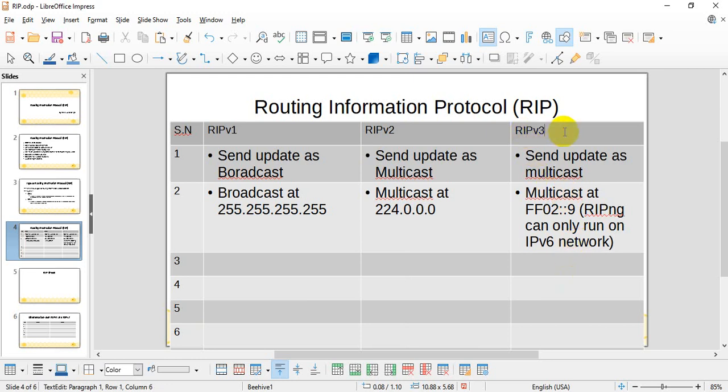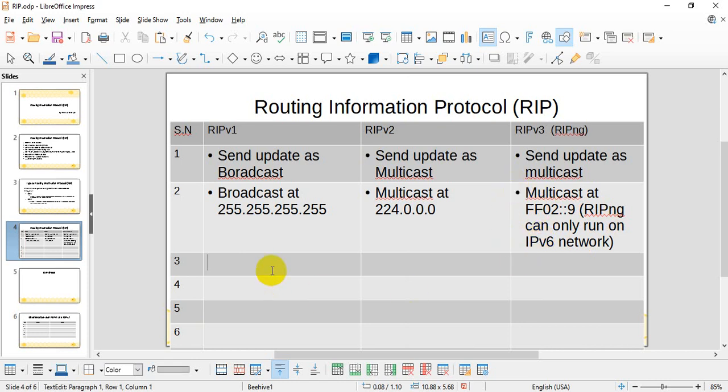Because RIP version 3, RIPng, uses multicast address FF02::9, and it can only run in an IPv6 network.